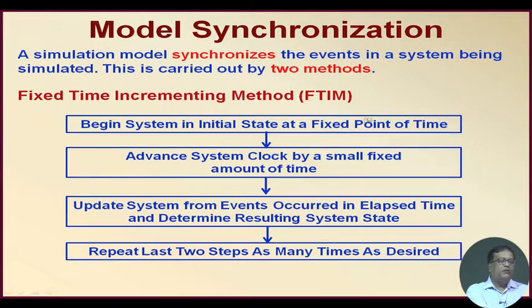So, what is happening? The system clock is advanced by a fixed amount of time every time, and we look whether anything has happened during that 1 minute time. Some event can occur, either a customer can arrive or a customer can join the queue. In the example, we found nobody joins the queue as such because arrival times are too distant.